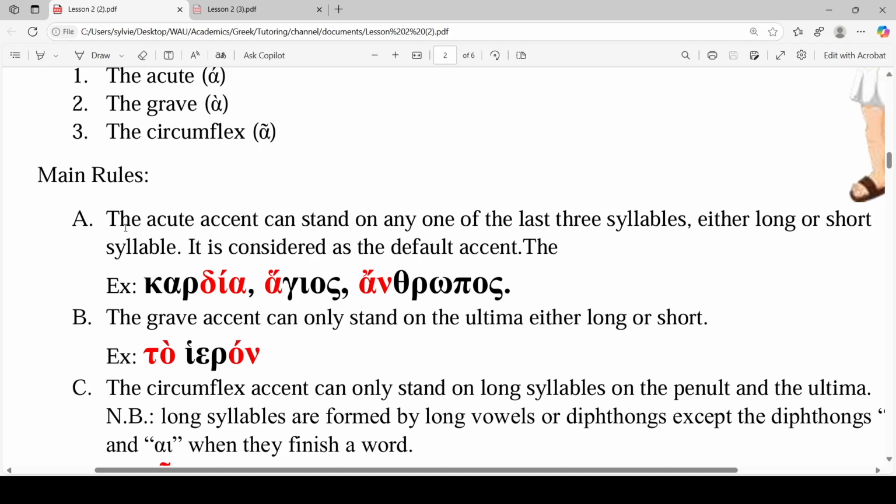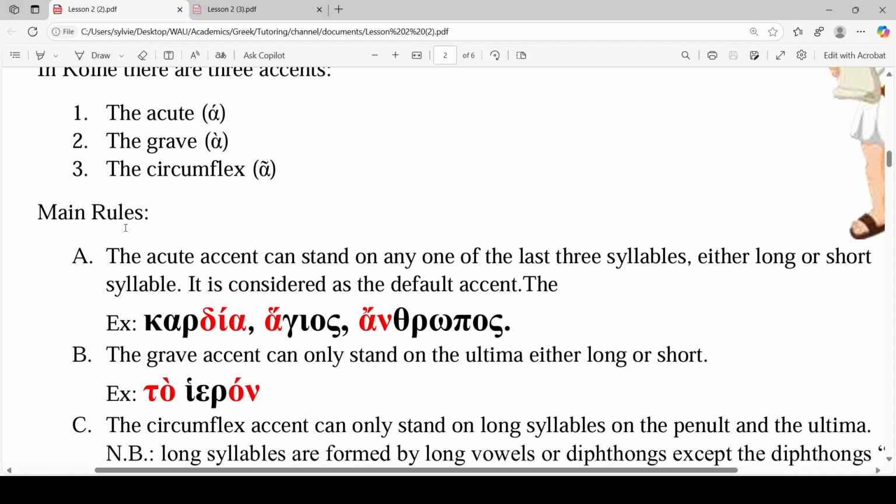The first rule is about our first accent, that is the acute accent. And I must tell you that the acute accent is the most versatile accent between these 3 because it's like a default accent that is used as a substitute to any kind of accent in the case that the other accent would not be able to be used.